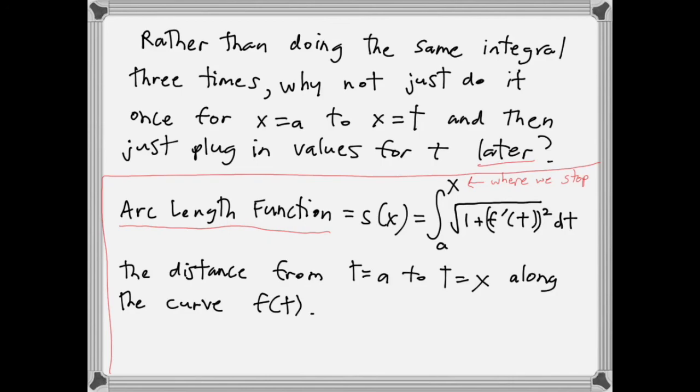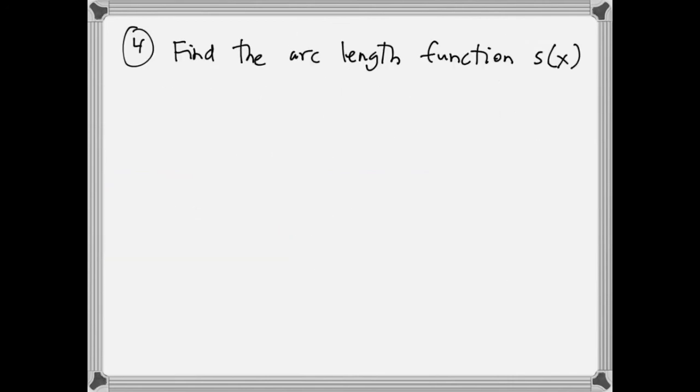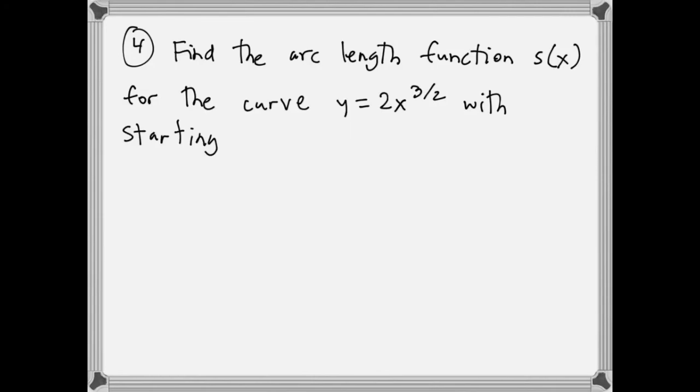Okay, so we're going to do an example. This is going to be example 4. Find the arc length function s of x for the curve y equals 2x to the 3 halves with starting point 4, 16.